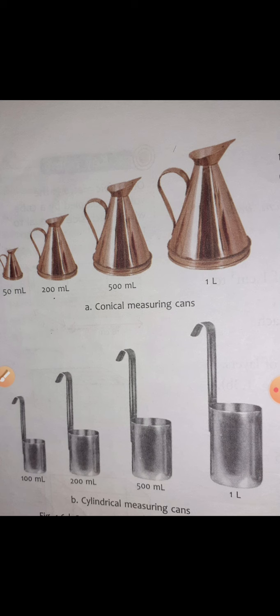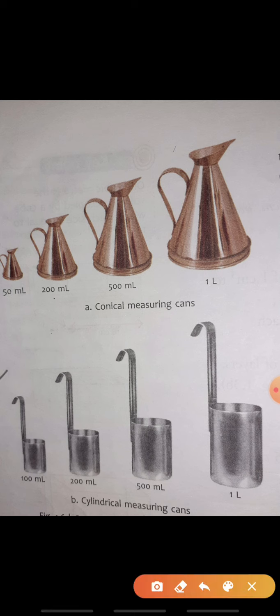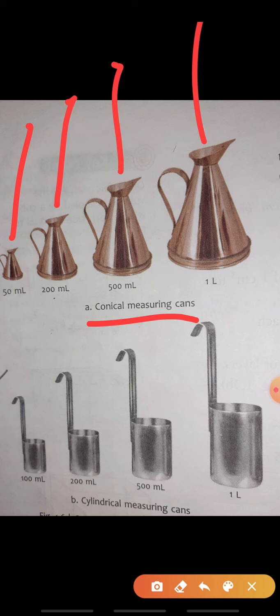The volume of liquid is usually measured by measuring cans of different shapes and sizes. Measuring cans are available in capacities ranging from 50 milliliter to 5 liter. You can see here these are conical measuring cans: 50 milliliter, 200 milliliter, 500 milliliter, 1 liter.